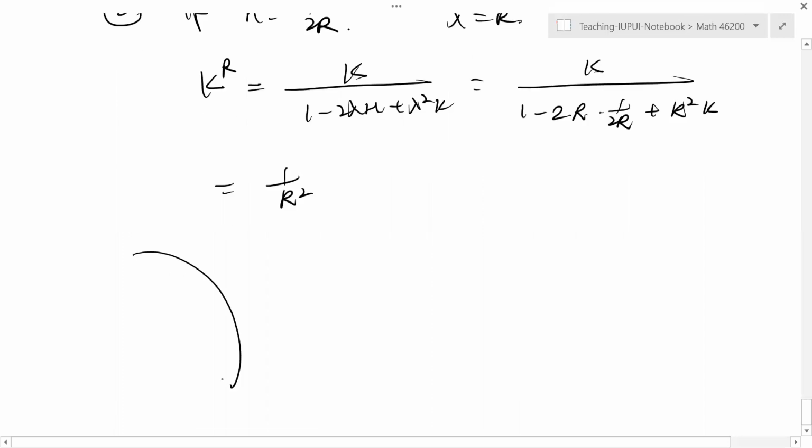One is K equals 1 over R squared, and then this surface here, this is S, this is S_R. The mean curvature is going to be constant.